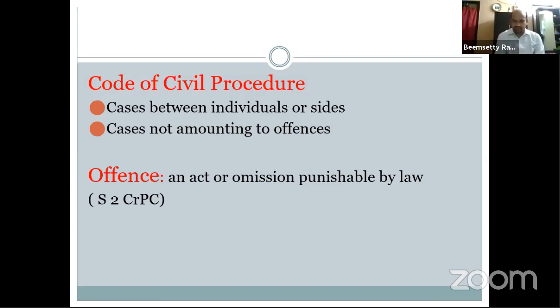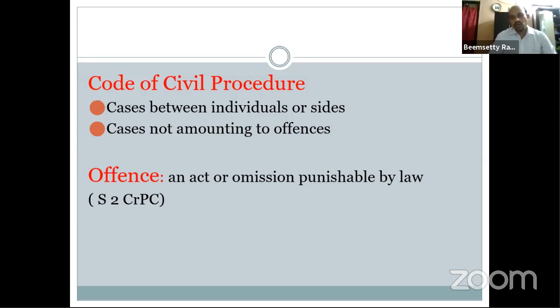And what is an offence? An offence means anything causing harm to anyone. An offence is an act or omission punishable by law. What is the meaning?